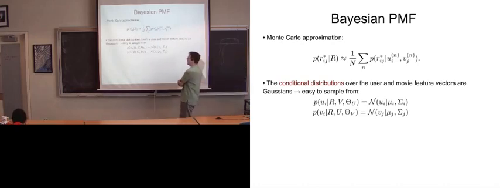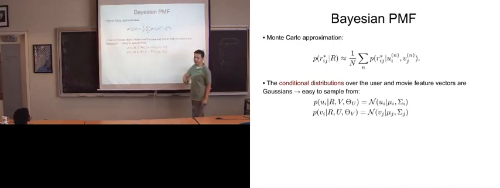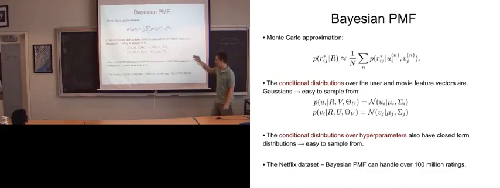If I want to sample U, my latent variables, conditional on V, my other latent variables, that conditional distribution has a closed form. It's a Gaussian. Same thing for items or movies. The conditional distribution over hyperparameters also has a closed form, and they're easy to sample from.